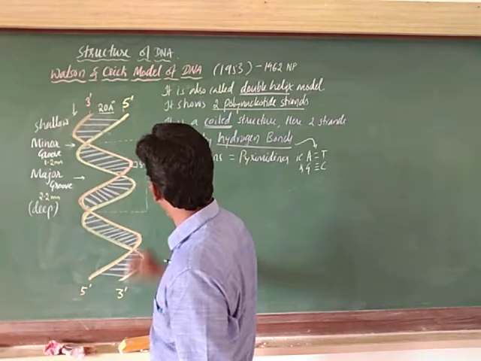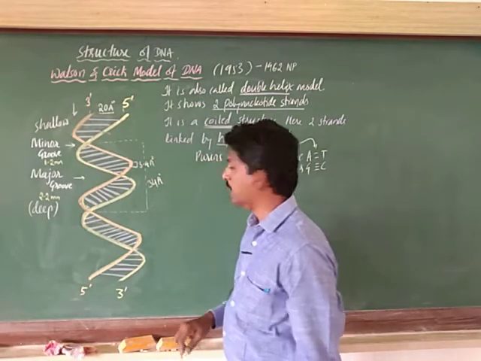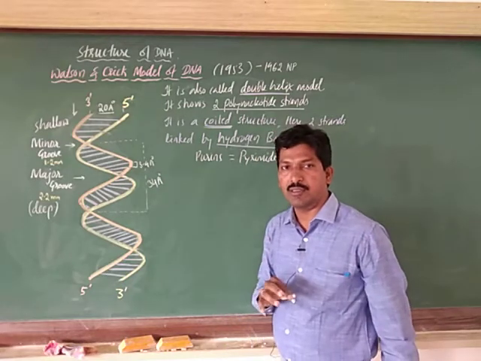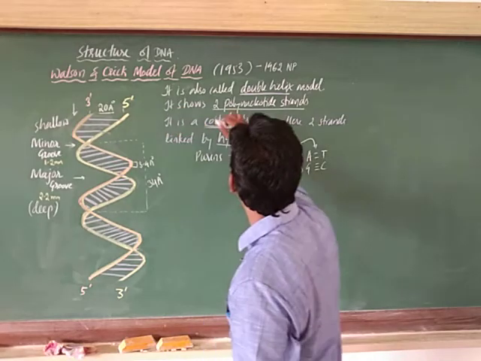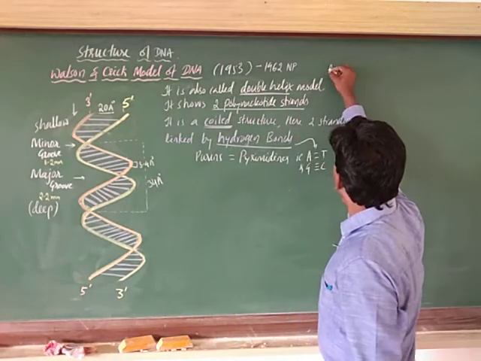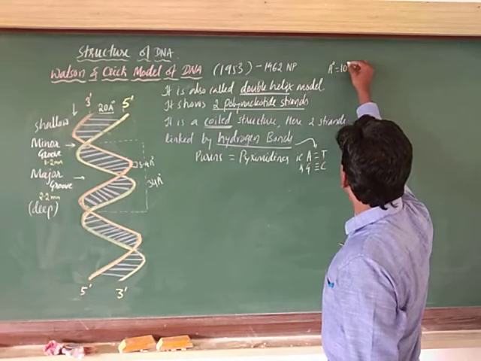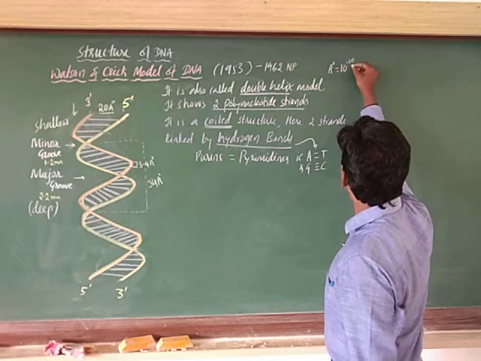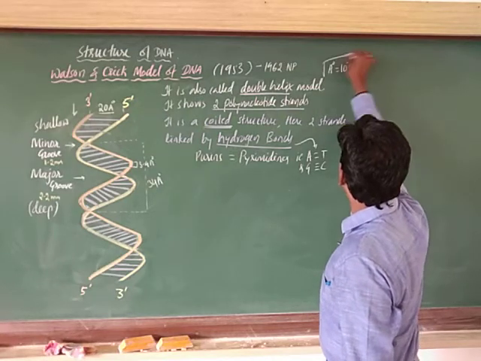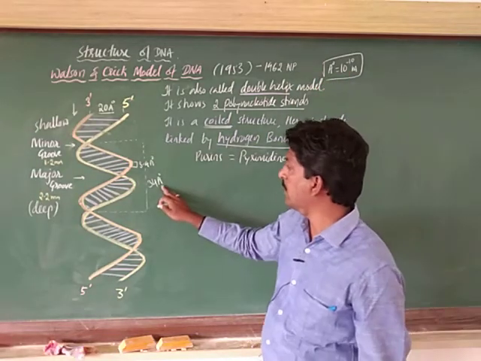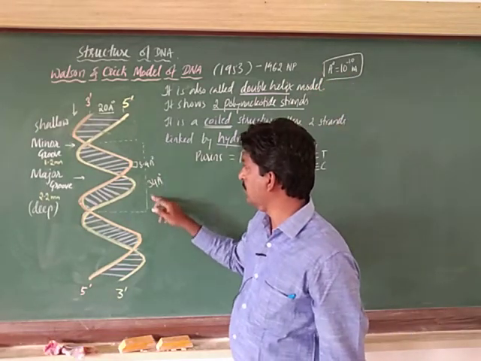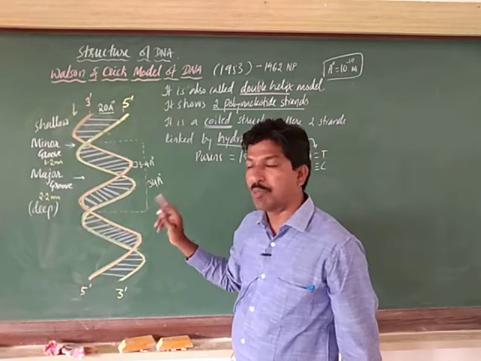One angstrom is equal to 10 to the power of minus 10 meter. We are taking the angstrom unit, and 34 angstrom is the length for one complete turn.